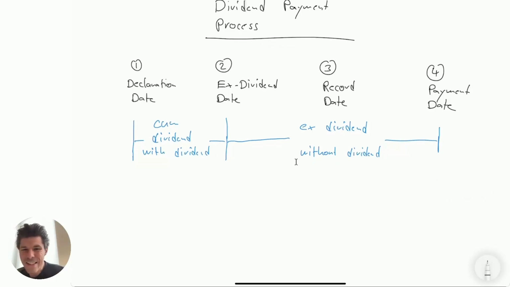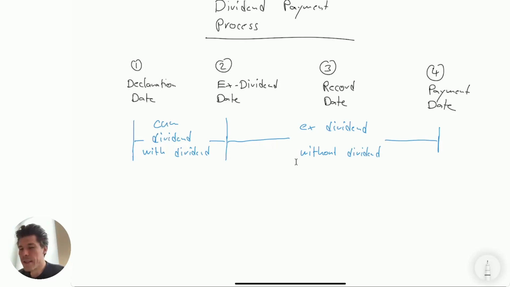The record date is just an administrative step. So here the company enters into their register the name of the share owner on the record date to ensure the dividend is sent to the correct owner.